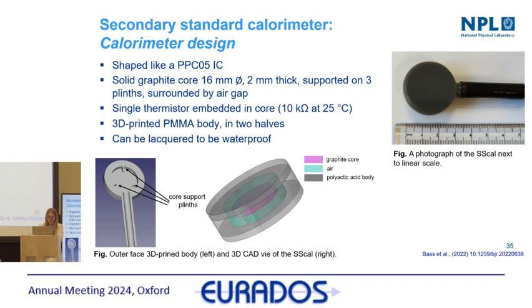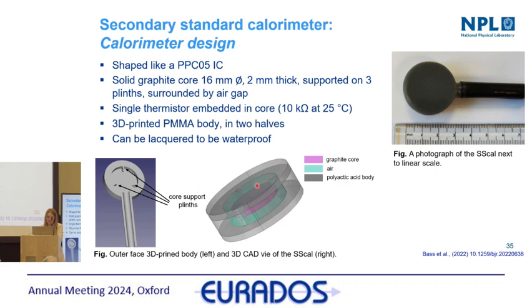So in our case, we just designed this simple calorimeter to resemble something that is familiar to you, an ionization chamber. In this case, external dimensions are matched to the PPC-05 ionization chamber, but the core part of the instrument is the graphite core, which has dimensions of 16 centimeter diameter and 2 millimeter thickness.